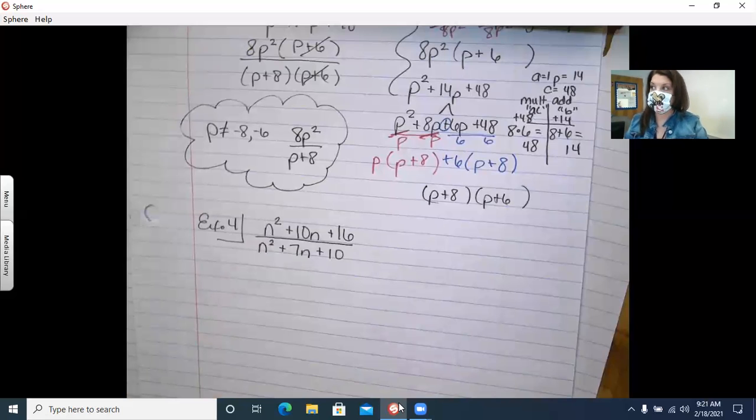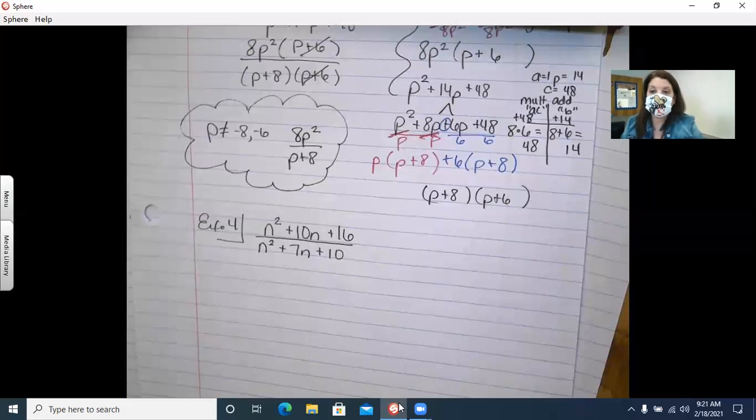Are those just single terms not being added or subtracted to anything else? No, you cannot do that. N squared plus 10n plus 16, that's one polynomial. It all goes together. Same thing with the denominator. So those aren't just monomials, right? So I can't cancel anything to begin with.